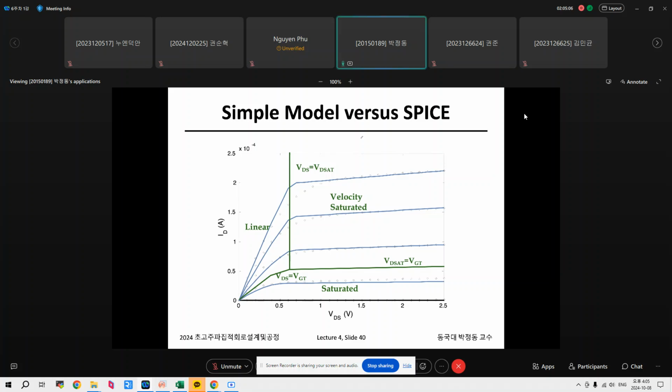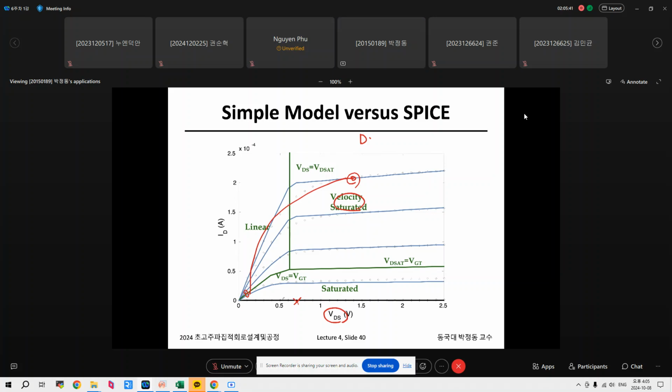In digital circuits, our operation is very drastic, changing from here to here. So we definitely need to consider velocity saturation in digital circuit design. However, for analog circuit design, this is not that serious. Why? Because our VDS is typically small, around here, maybe.